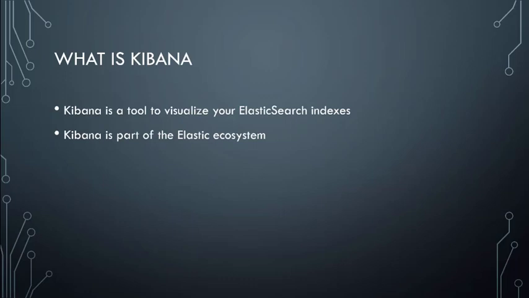Kibana also allows you to search for or to visualize geographic information, time information, and even perform some machine learning to detect patterns on the data that you have stored in ElasticSearch. Kibana is part of the Elastic ecosystem, which means that it's been built from the ground up to be compatible with ElasticSearch.